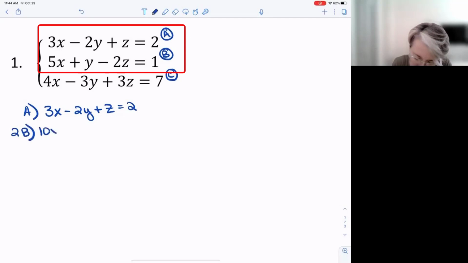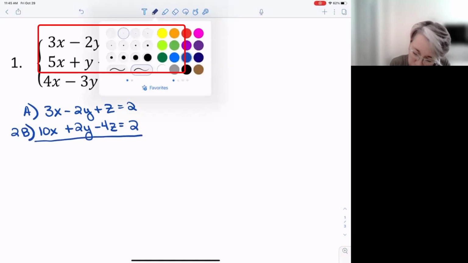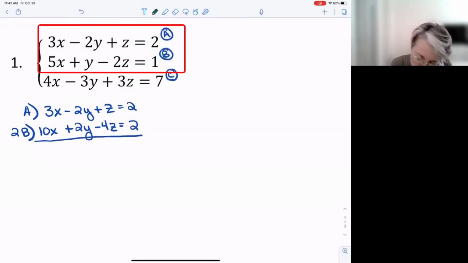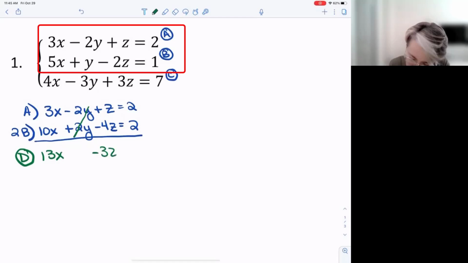That would give us 10x plus 2y minus 4z equals 2. Now we can combine these 2 equations and come up with a new equation. We'll call it equation D. That gives us 13x, the y's are gone, minus 3z equals 4.